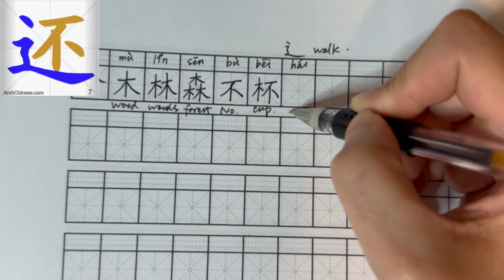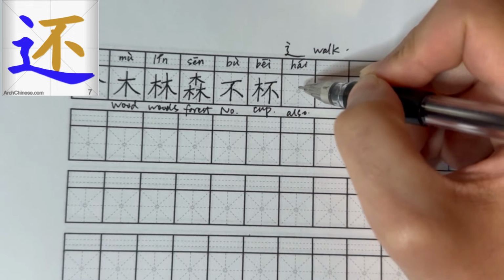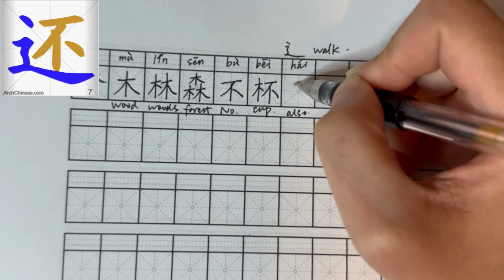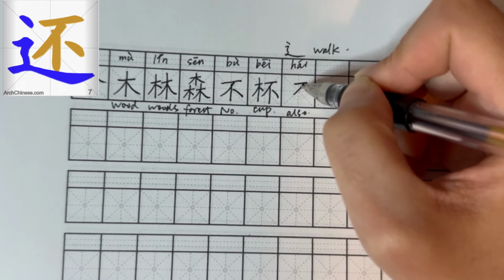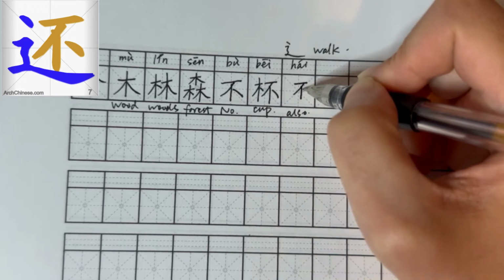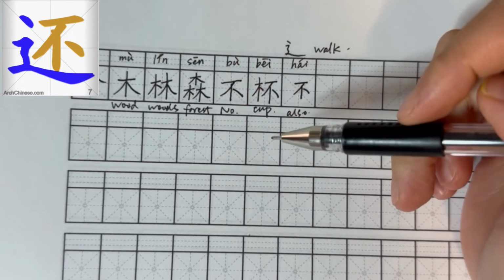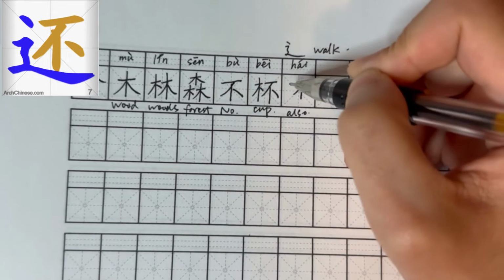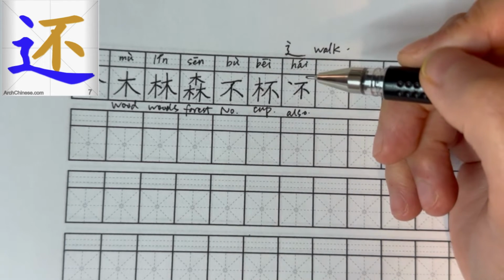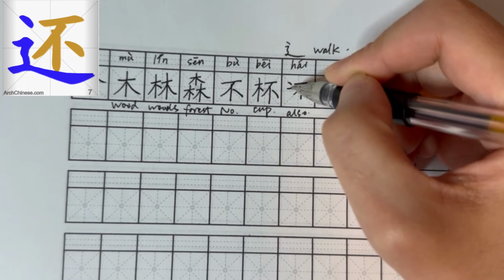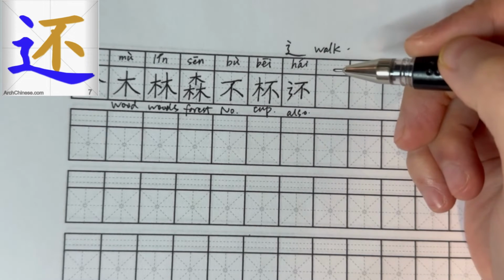Hai means also. We write the part inside first, right? That is character bu, easy. Start from here. 横撇竖点. Make sure to follow the model so that you can write characters in a better structure. Then we write this radical. 点. Pay attention to the next stroke. 横折折撇. It looks like number 3.